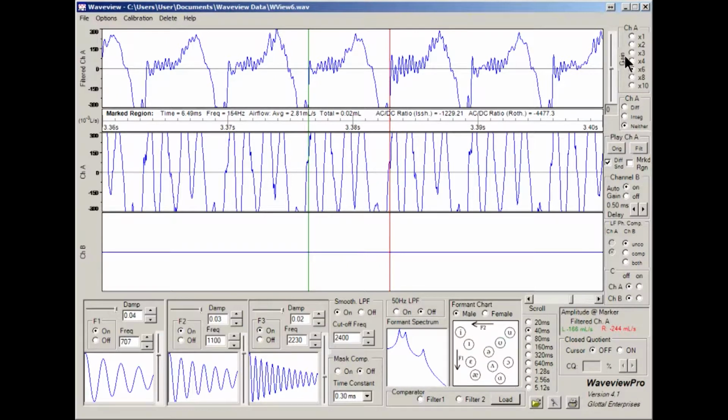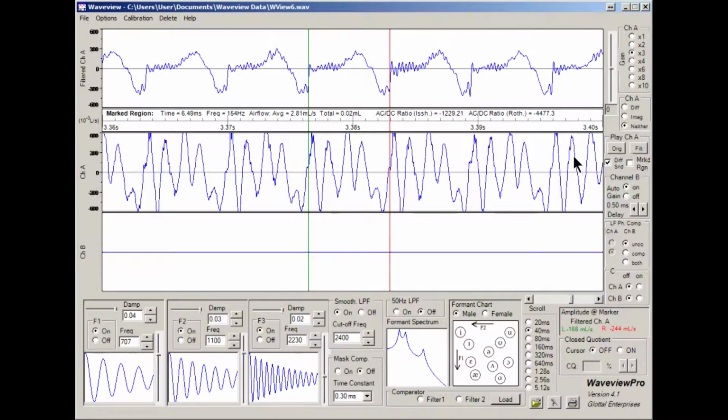And that's a little off scale. I can move it. And so this shows us the rate of change of airflow. Between here and here is the maximum rate of change.